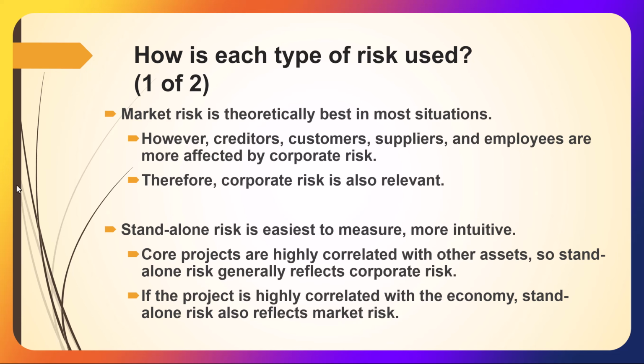So how is each type of risk used? Again, market risk is theoretically the best in most situations. Unless projects are very different from the core projects of a firm, standalone risk will likely cover the most important aspects of the risk of a project, though. So again, standalone risk is the easiest to calculate.